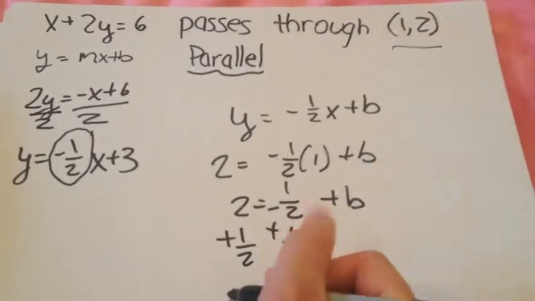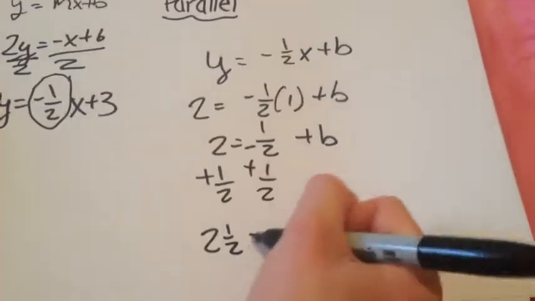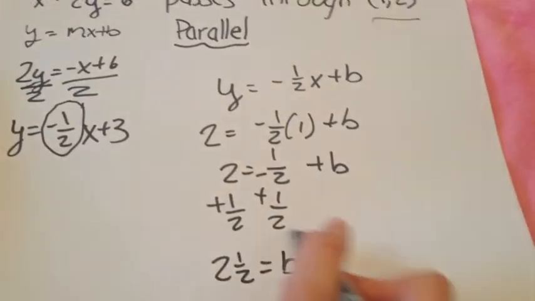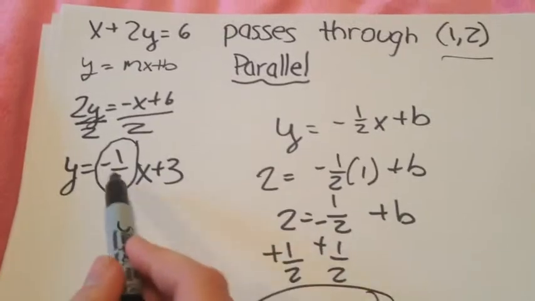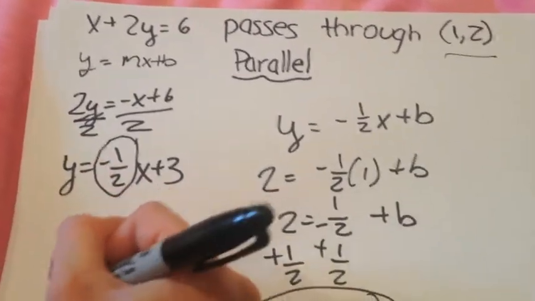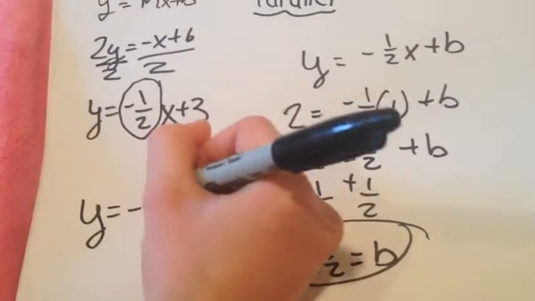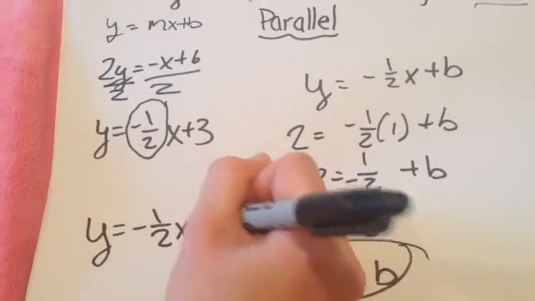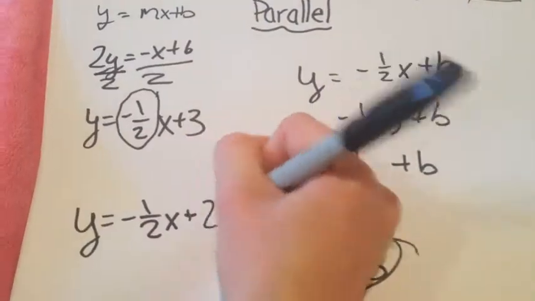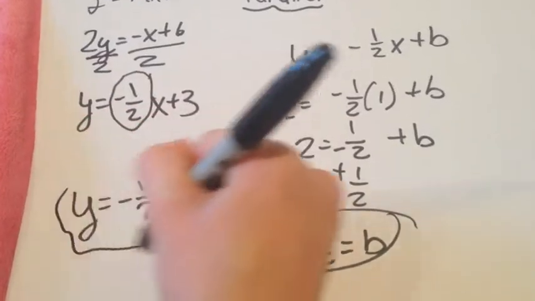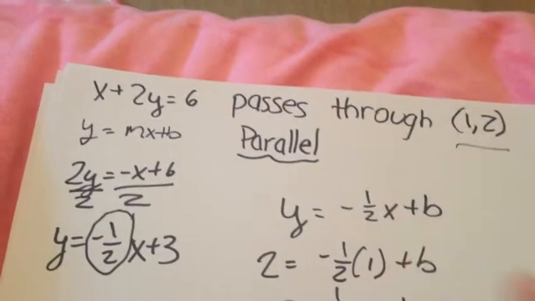So you get 2 and 1/2 equals b. By knowing that this is your b and that is your slope, you get the line y equals negative 1/2 x plus 2.5. And that is your parallel line to that, while containing that point.